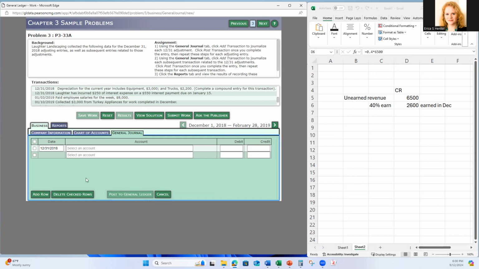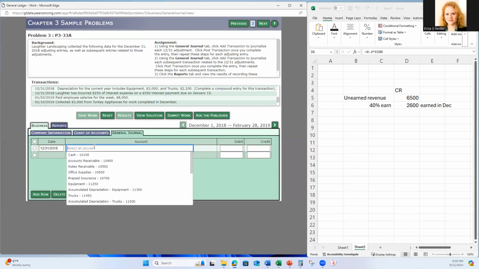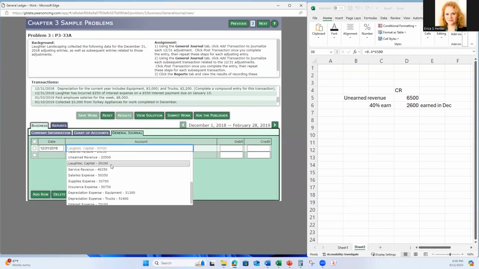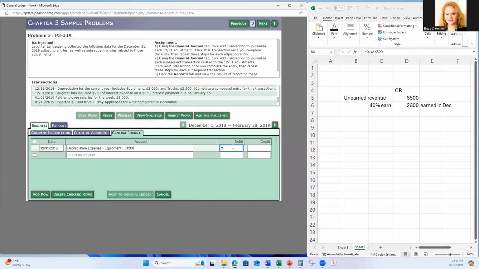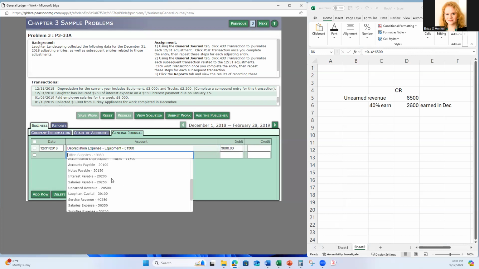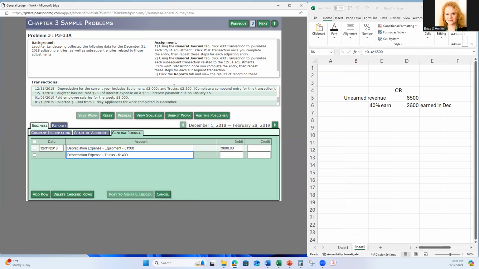Okay, so recording the depreciation. We've got equipment 3,000 and trucks 2,200. So scrolling down to our depreciation equipment expense, we've got 3,000 for that. And then depreciation trucks expense, we have got 2,200 here. All right, and then we need to add a row here.